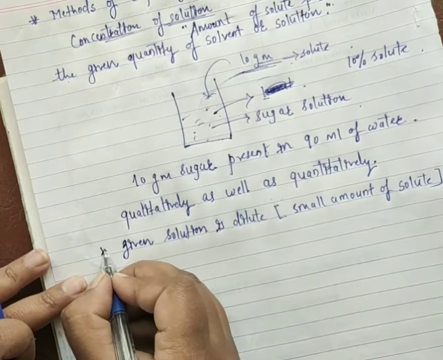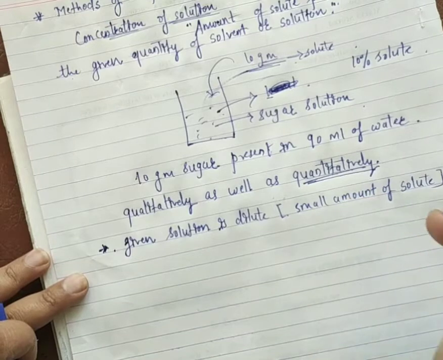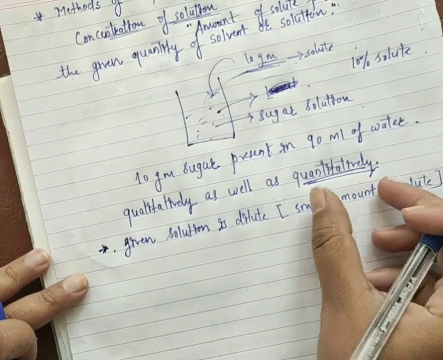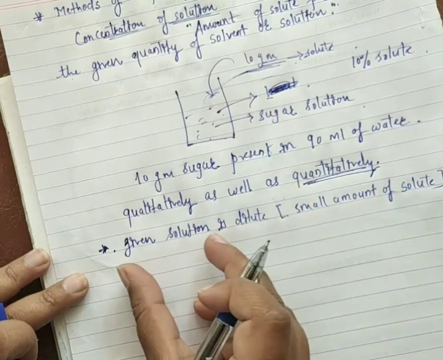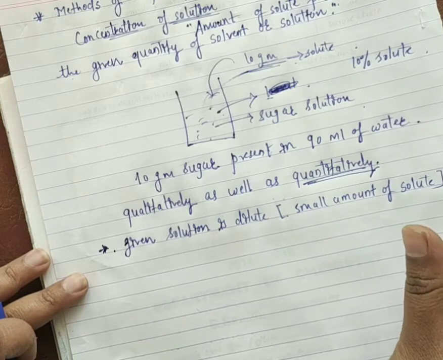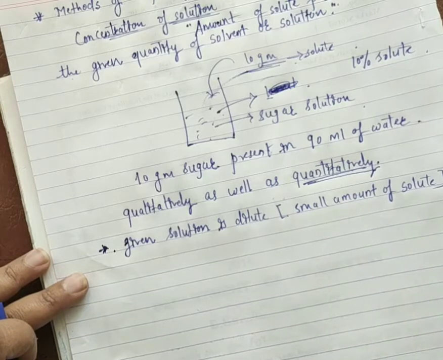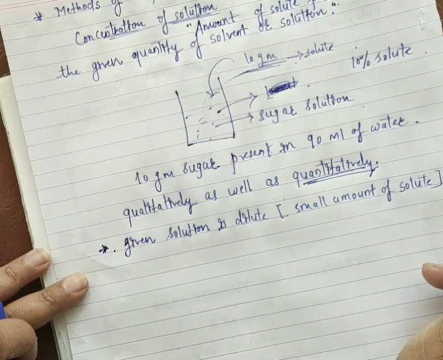So this is your first condition. If I am expressing the concentration of solution in qualitative terms and I say a given solution is dilute, it means only a small amount of solute has been taken there.